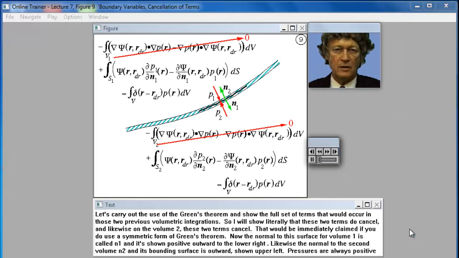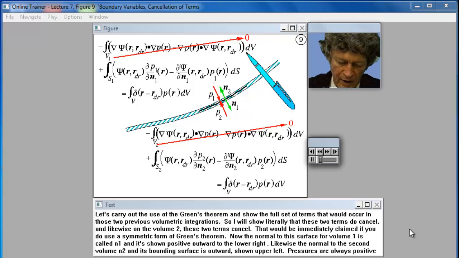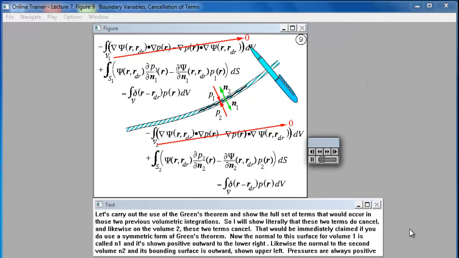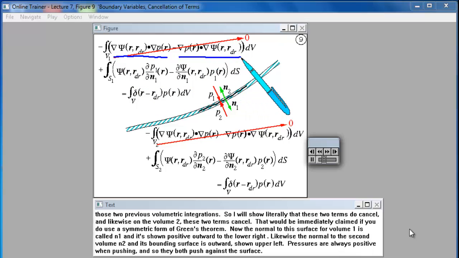Let's carry out the use of the Green's theorem and show the full set of terms that would occur in those two previous volumetric integrations. So I will show literally that these two terms do cancel, and likewise on the volume 2 these two terms cancel. That would be immediately claimed if you do use the symmetric form of Green's theorem.